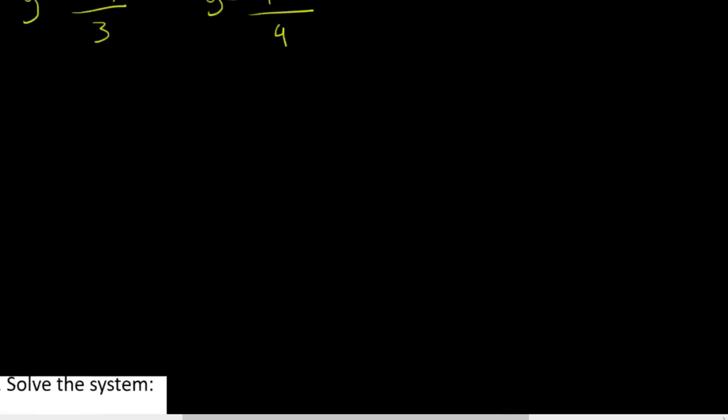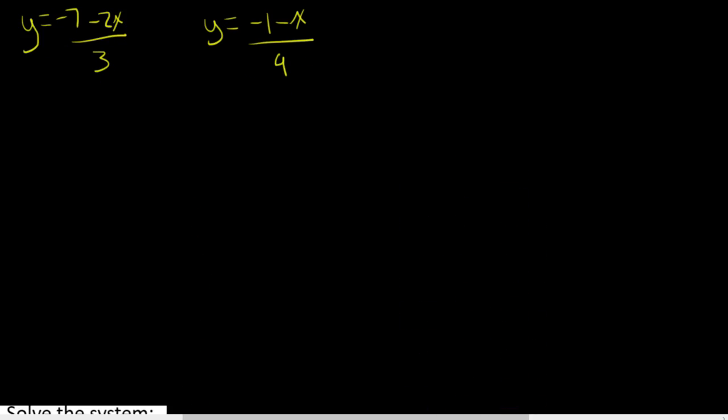And I did. Cool. So now we just need to set them equal to each other, remember? So we'll have negative 7 minus 2x divided by 3 is equal to negative 1 minus x divided by 9.